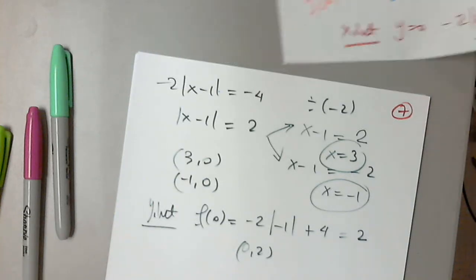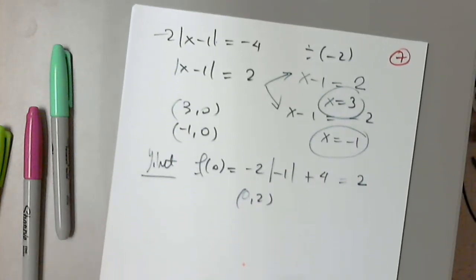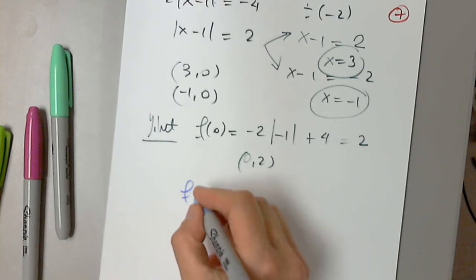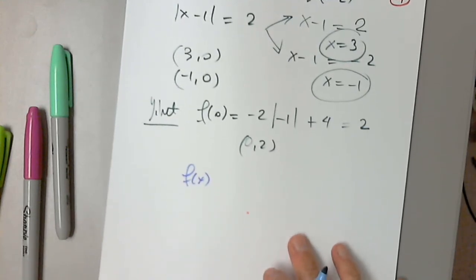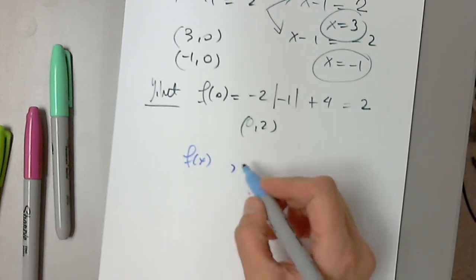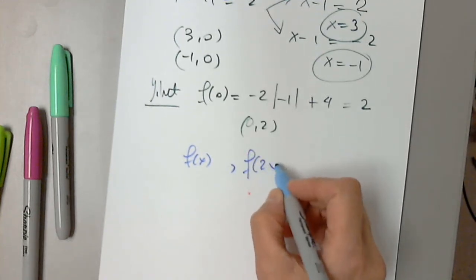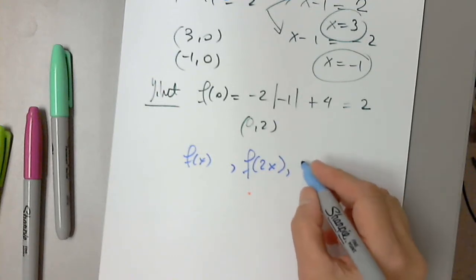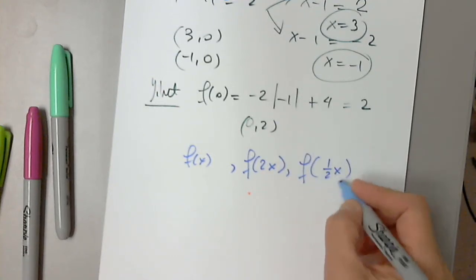Okay? So here's the last one. I have a function f of x. I'm not telling you what it is. But I would like to graph f of twice x, and then I would like to graph f of 1/2 x.